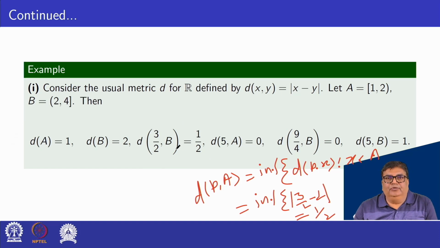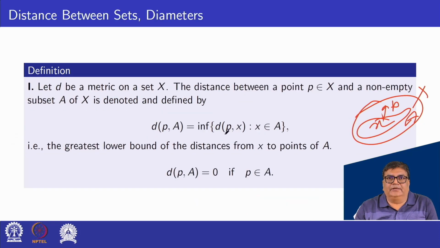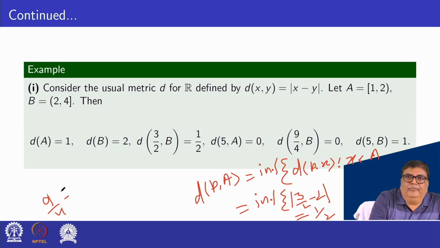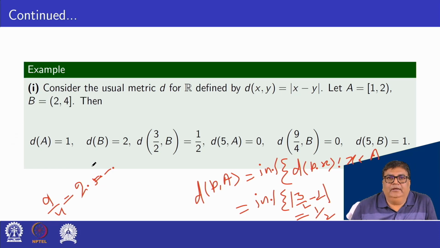So d(3/2,B) is equal to 1/2. And for d(9/4,B), 9/4 is 2 point something, that is 2.25, and it is the infimum of d(p,x). So 9/4 lies in B, that is, d(9/4,B) is equal to 0.